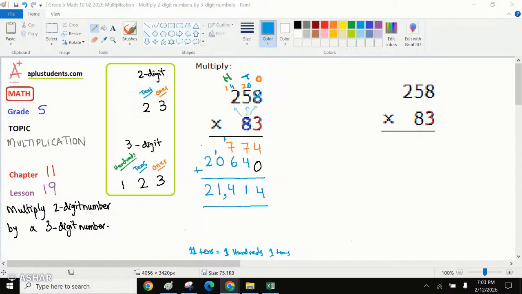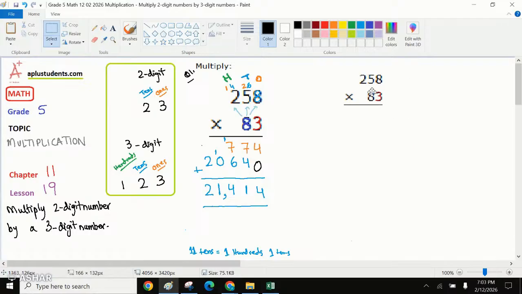For question number 2, I'll do an alternate method to solve the same question. What we can do in an alternate way is multiply the units first, but that would be a lot more time consuming.